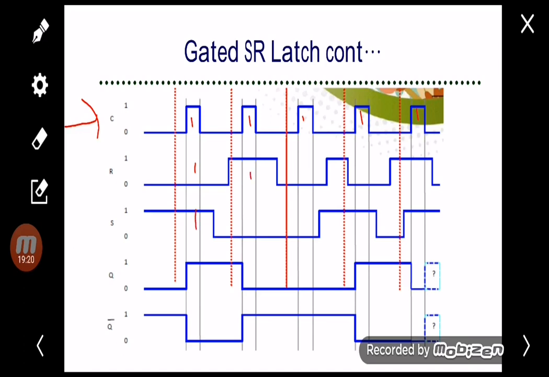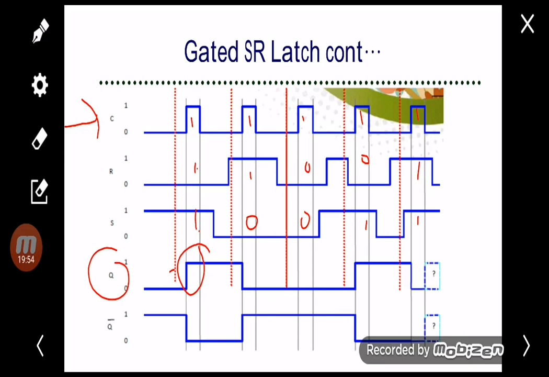This one 0, 0, 0, 1, 1, 1. So you can see here, assume the initial Q is 0, so it will only change at Q when C equals 1. So when C equals 1, here it will become, okay, this one 1, 1, actually it is invalid.